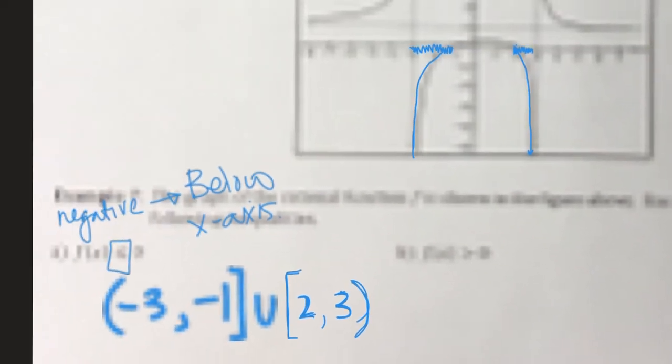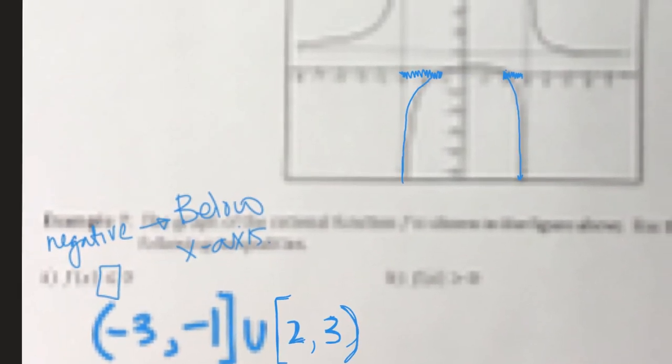Okay, anytime our graph is below, less than means below. So that would be a union of 2 to 3, not infinity. It's a real short 1 unit interval. So that's all the places it's below or on the x-axis, right? Or equal to 0. That means we're going to have brackets where we cross the x-axis.